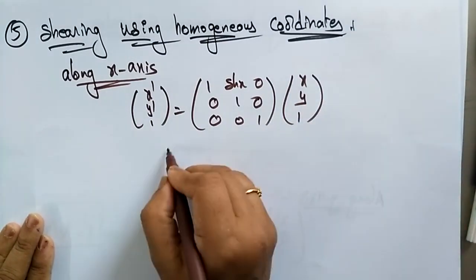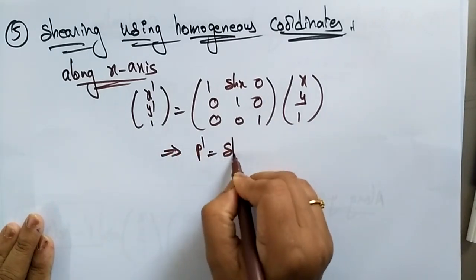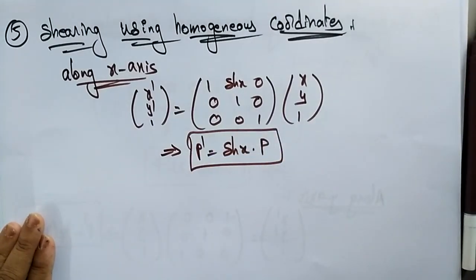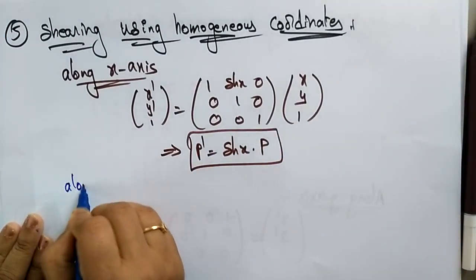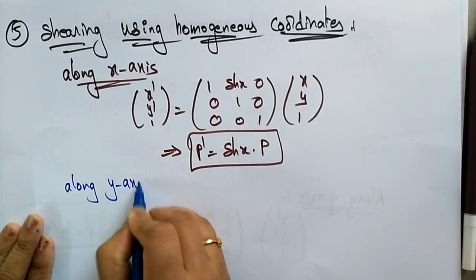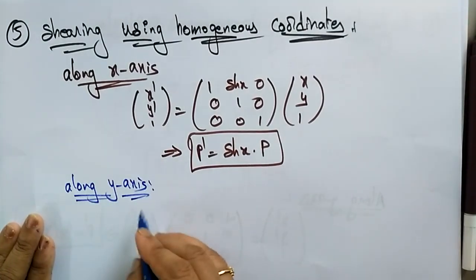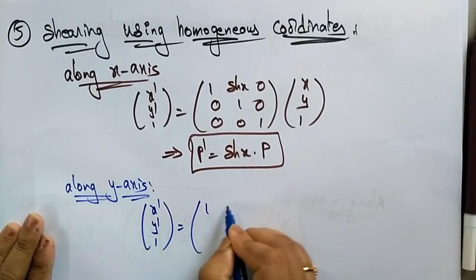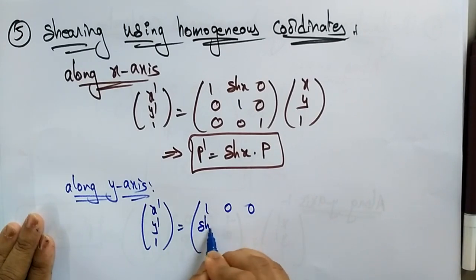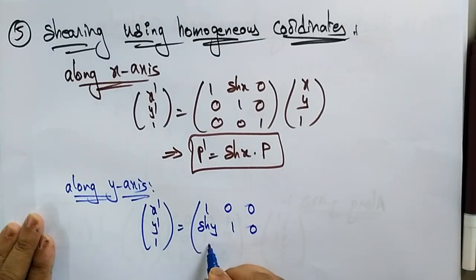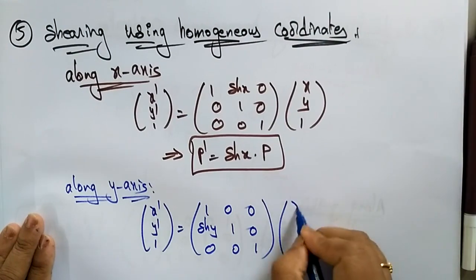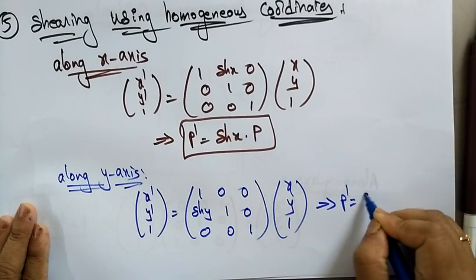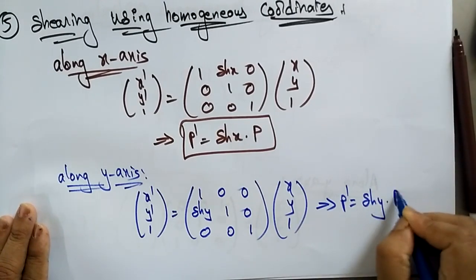This can be represented as P dash is equal to shearing along the x-axis into P. Along the y-axis, x dash, y dash, 1 is equal to the matrix 1 0 0, shy 1 0, 0 0 1, times x, y, 1. This can be represented as P dash is equal to shearing along the y-axis dot P.